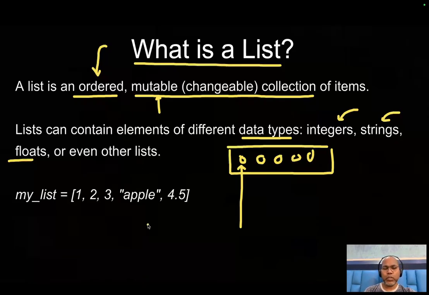So a list can work on any data types which Python supports. For example, here we are creating a list that has an integer number, a string, and a float. So a list or collection can hold different data types.